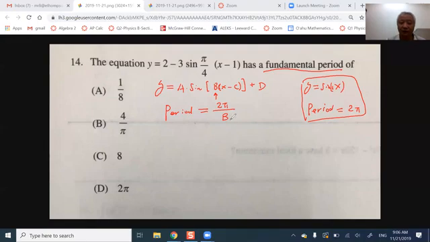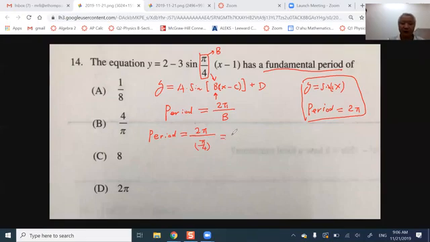Okay? So when you have this as a formula, you can look at here, this pi over 4 is equivalent to the b here. So you can find the period for this function will be equal to 2 pi divided by the b. b is pi over 4.